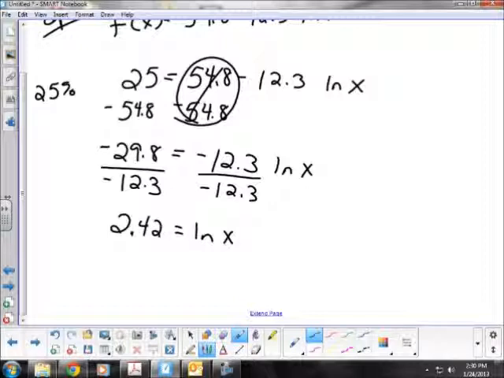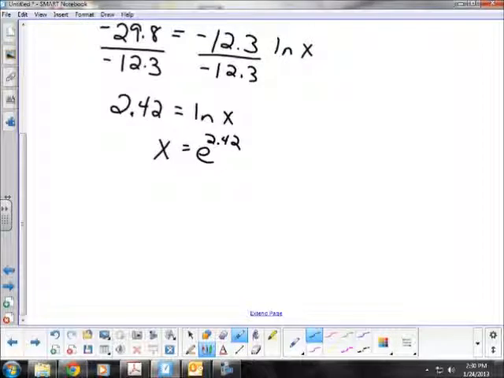And then how do I solve this when it's an ln? You use e. So the base, which is e, raised to the answer, is equal to the argument.